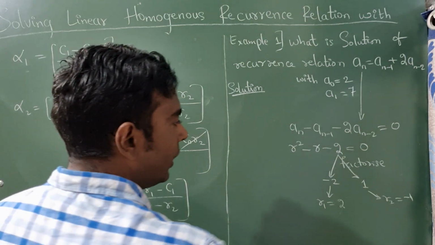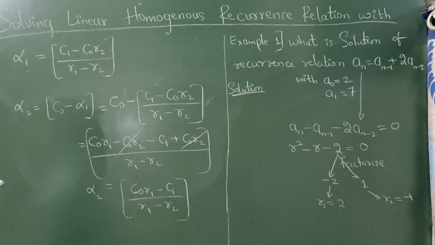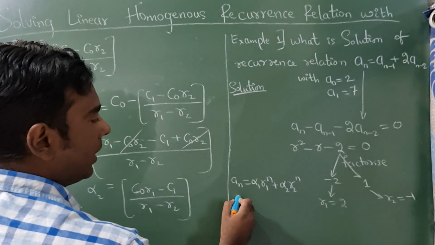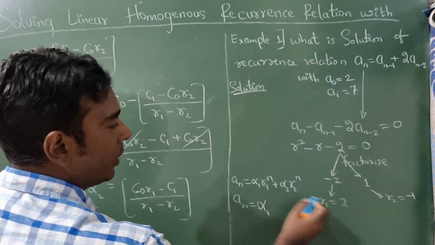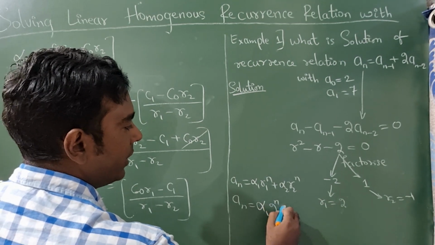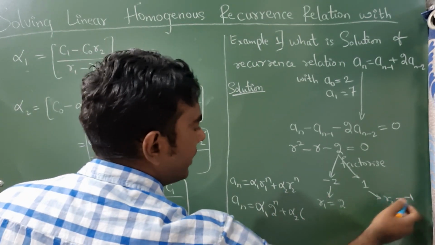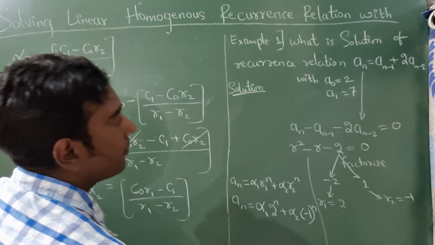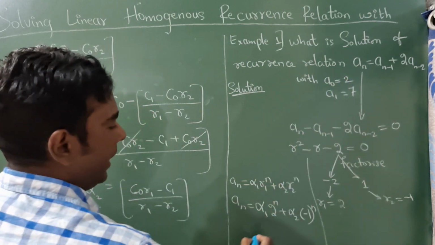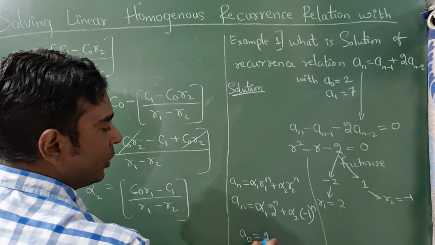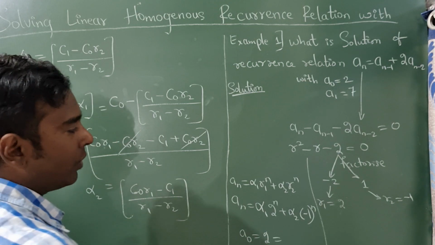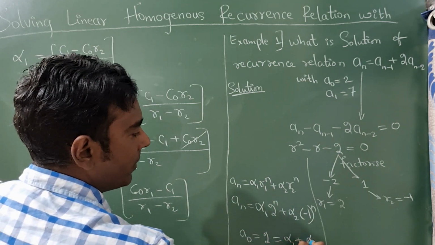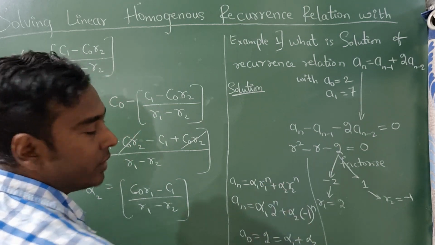Once you get this, substitute in the formula: a_n = alpha 1 times 2^n plus alpha 2 times (minus 1)^n. Now what are the initial conditions? a0 = 2. Where there is n, substitute 0, so this becomes alpha 1 plus alpha 2, because anything raised to 0 is 1.